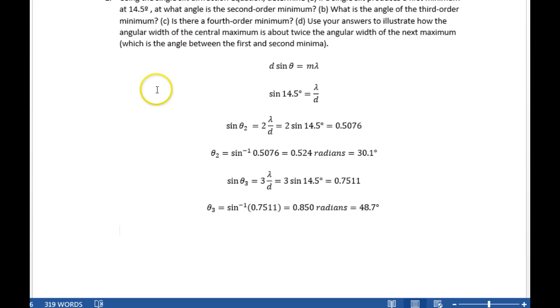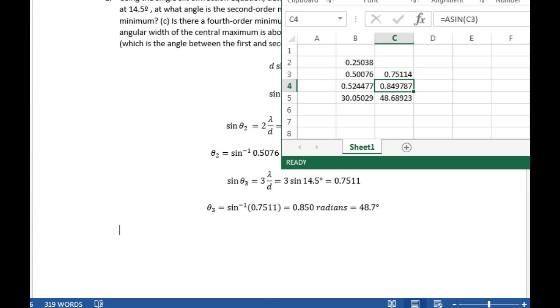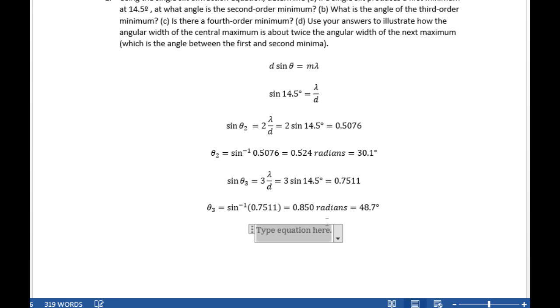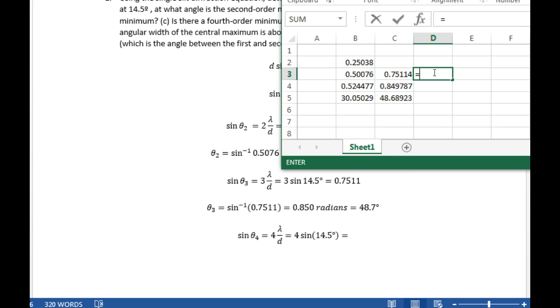Is there a fourth order minimum? So if we start talking fourth order minimum, we have sine of theta 4 equals 4 lambda over d, equals 4 times the sine of 14.5 degrees. 4 times that is 1.002.